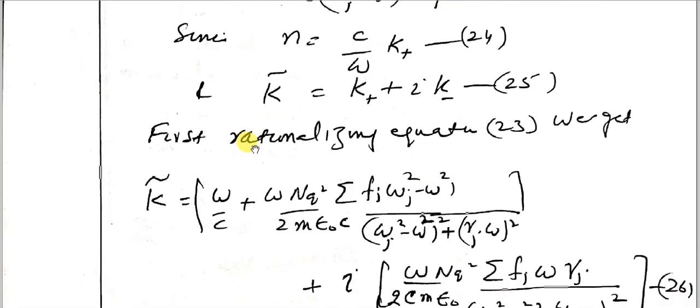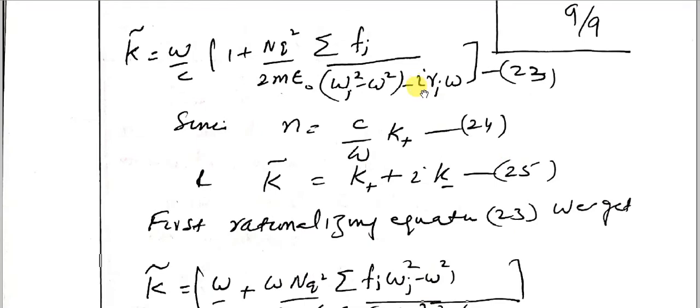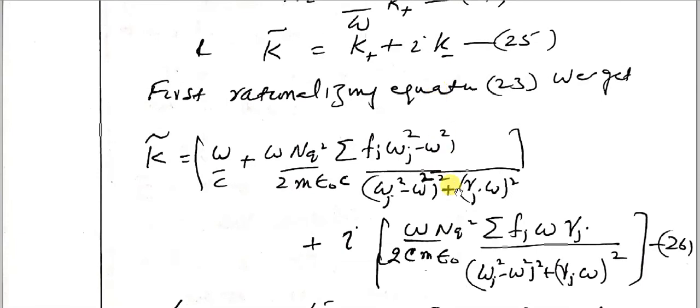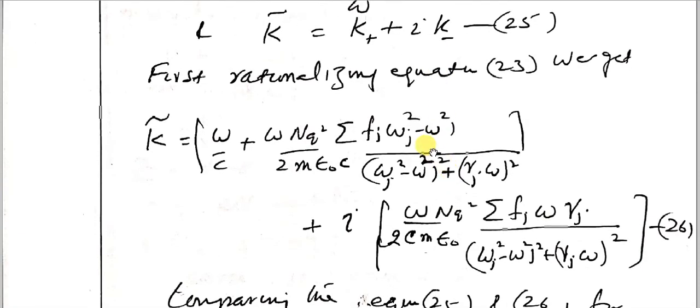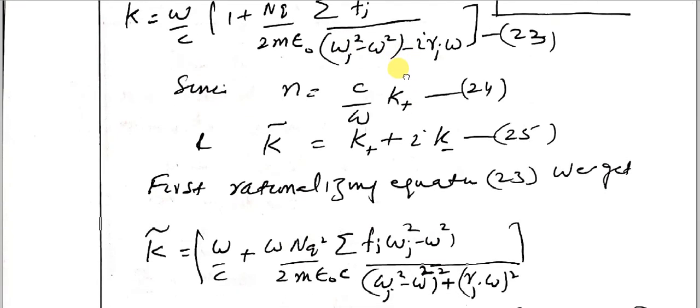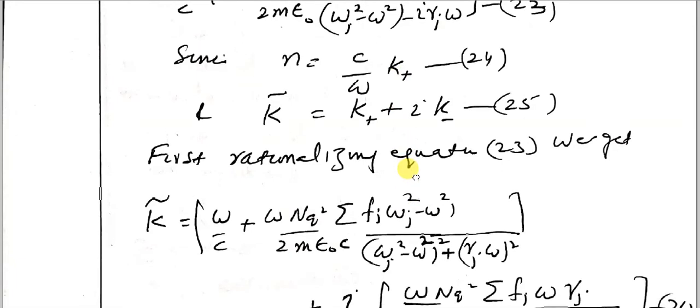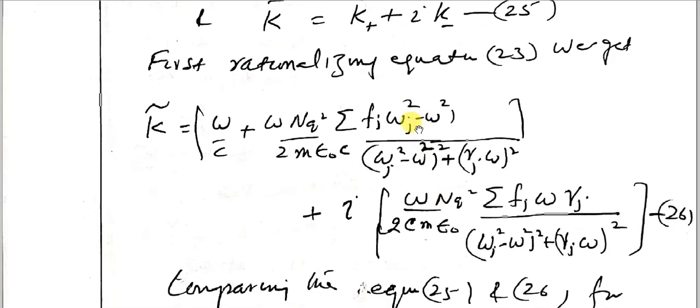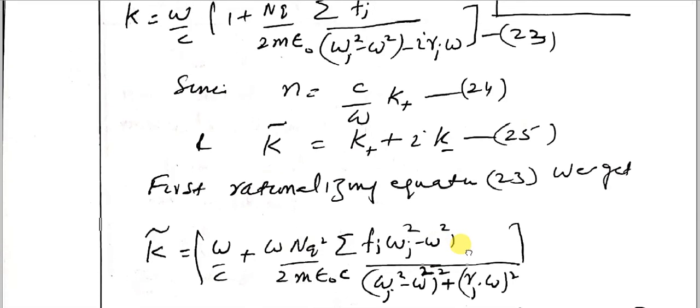So multiplying and dividing by omega j square minus omega square, and rationalizing here, what we get is omega j square minus omega square. Just go through that, multiplying and dividing. So we will get two terms over here, one is the real term, the other one is the imaginary term.